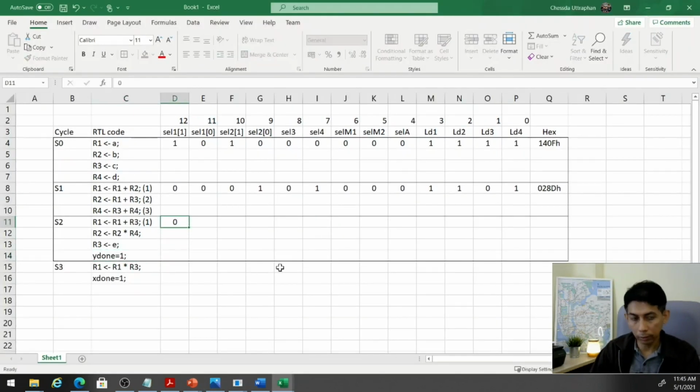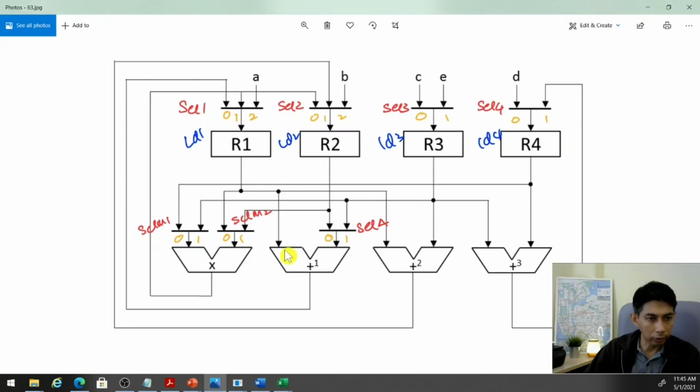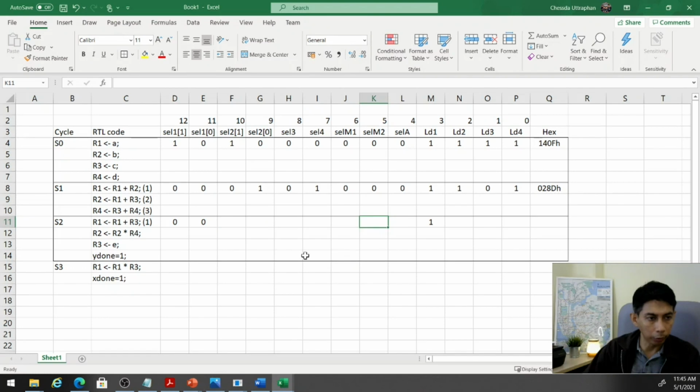So this should be 0 0, and LD1 should be 1, but we have R1 plus R3 here, so this one is already R1 but plus R3. So how to get R3 here? Here SELA must be 1.